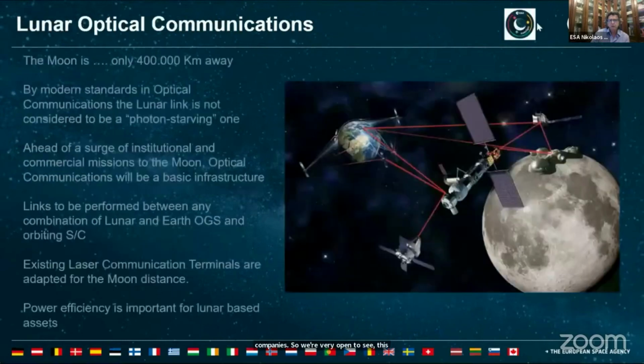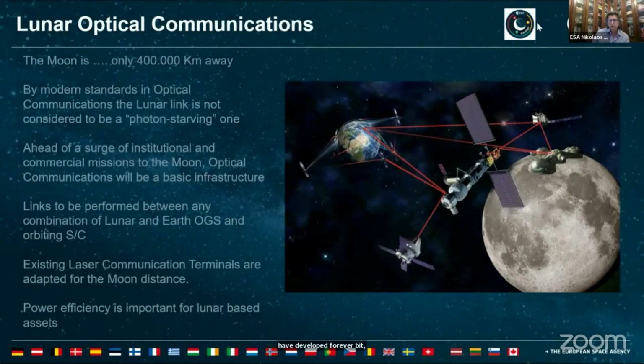evolving. Moving further away, actually, the Moon is less than 500,000 kilometers away. We used to consider it deep space. With the development we have now, we even had the protocol coming out of our committees, the interagency committees that define protocols for deep space communications. We abandoned this because we think that we can now do multi-gigabps using the products that our companies have developed for Earth orbit scenarios.